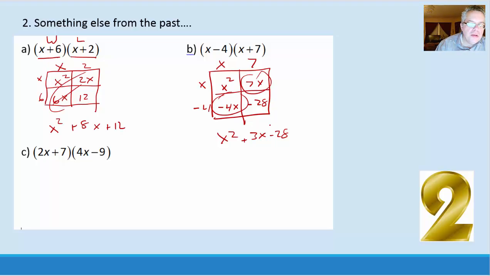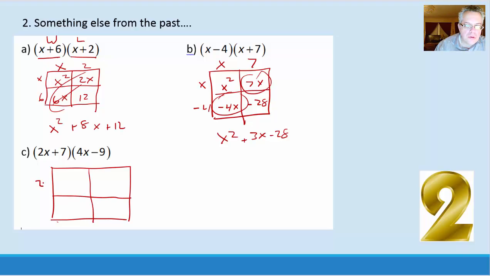Okay, here we go. So it's a little bit more complicated, but we're going to handle it the same way. Here's our box. This is 2x and 7. This is 4x minus 9. 2 times 4 is 8. x times x is x squared. 2x times negative 9 is negative 18x. 7 times 4x is 28x.